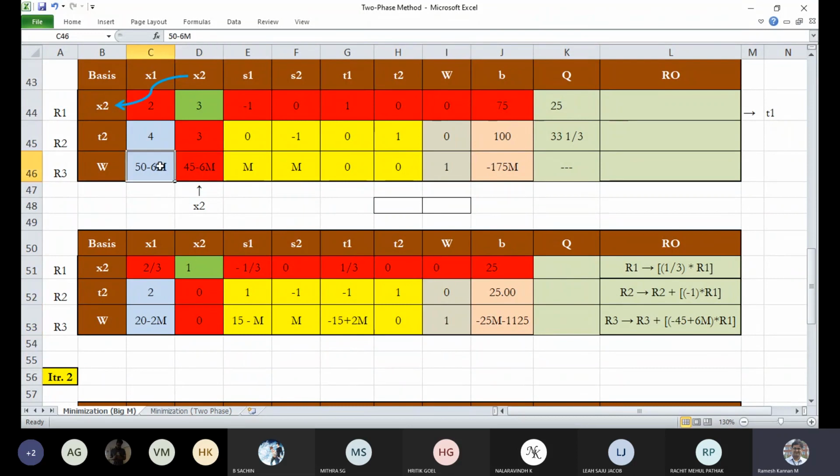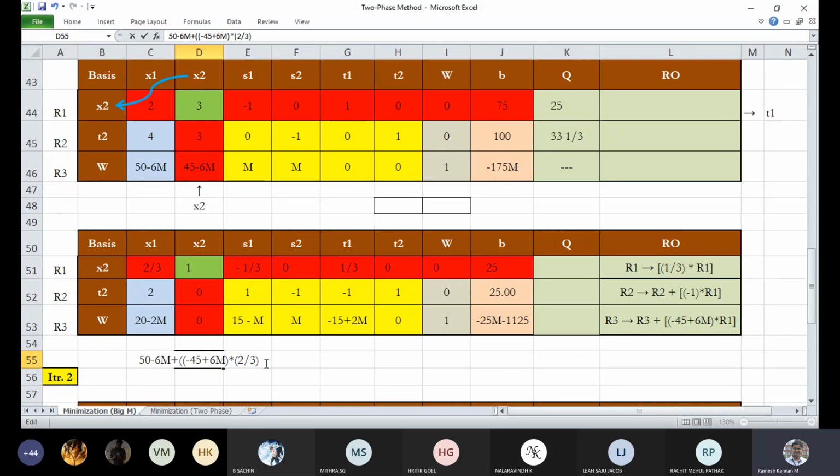Not only that, say for example, in this case 50 minus 6m, and from our understanding we will be taking minus 45 plus 6m and multiplying by row 1, which is nothing but 2 by 3. So 2 divided by 3 is the value.